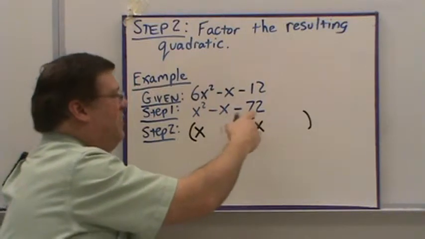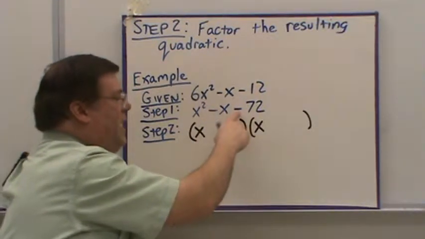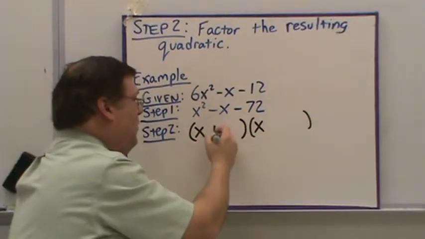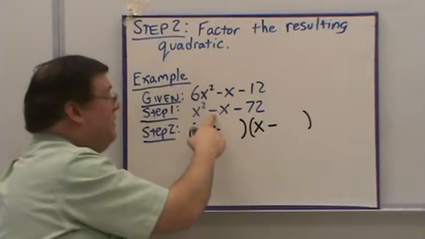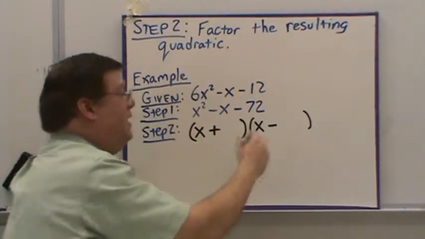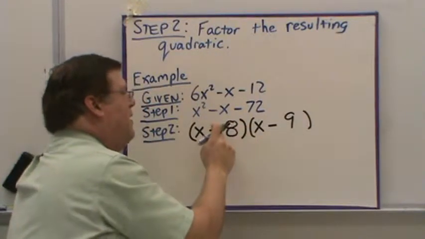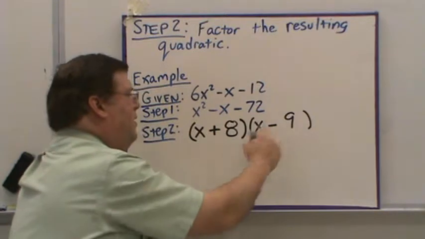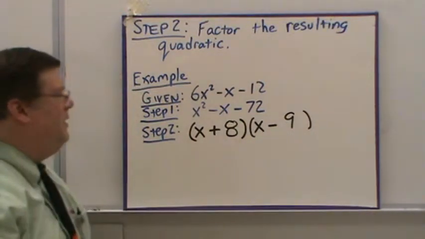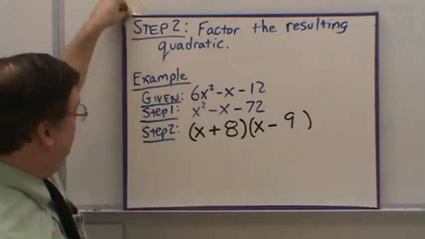Well, I think 9 times 8 is 72, and since we are talking about a negative, we have to have opposite signs. One's going to be positive, one's going to be negative. Since the middle is negative, the larger factor is going to be negative, which is 9. And when I check, 8 times negative 9 is negative 72, and 8 plus negative 9 does give me the negative 1. So that's step 2.